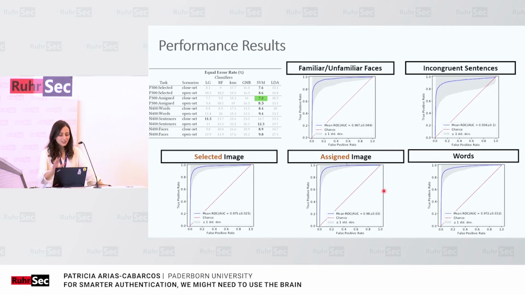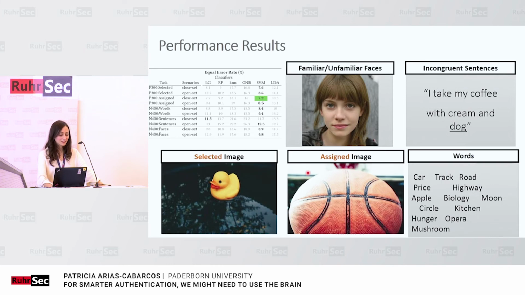We tested, as I said, five different tasks. The image one, that could be either a selected image or an assigned one. We tested the incongruent sentences, and just to briefly describe the other two, one task was based on priming the user.